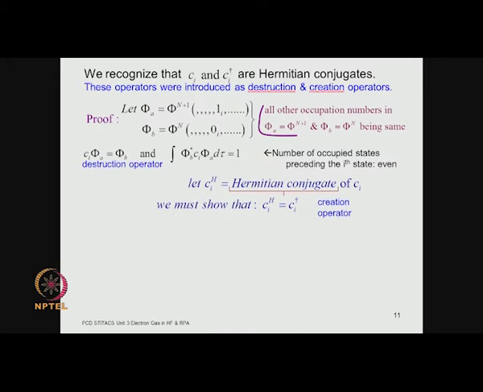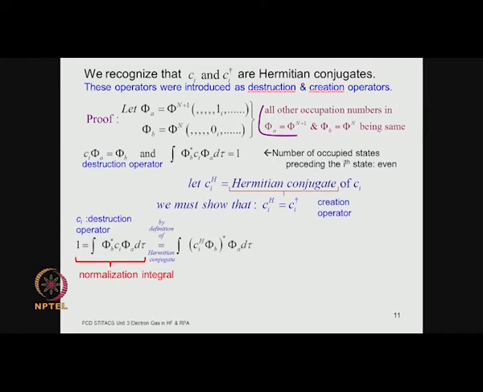Now, if you have a Hermitian conjugate operator for Ci, which we anticipate will be the same as Ci dagger, but till we demonstrate it I represent it by the superscript h. So, this is the Hermitian conjugate of Ci, which is Ci(h), and we now work with the Hermitian conjugate because you have the normalization integral, you take the Hermitian conjugate.